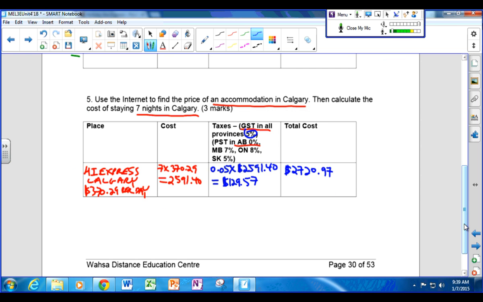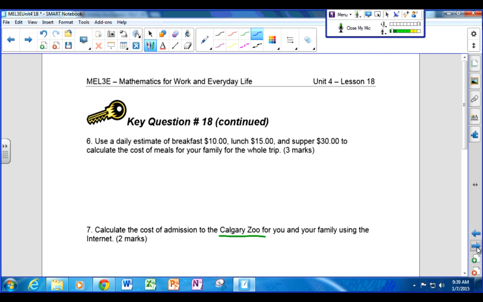So total cost. As we're going through this, I hope you get to see now that there's a huge advantage to planning something like this out, right? I know it can be a lot of fun to just hop in a car and go, but if you do that, you're not necessarily going to spend your money as efficiently, right?